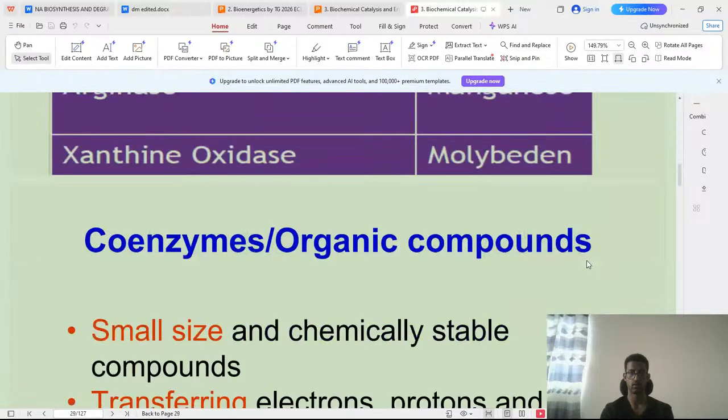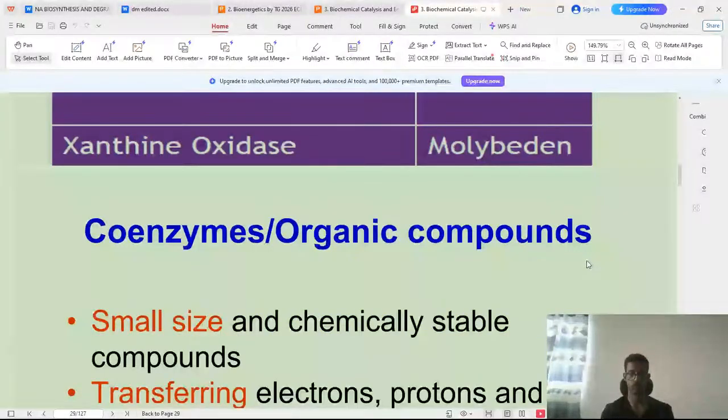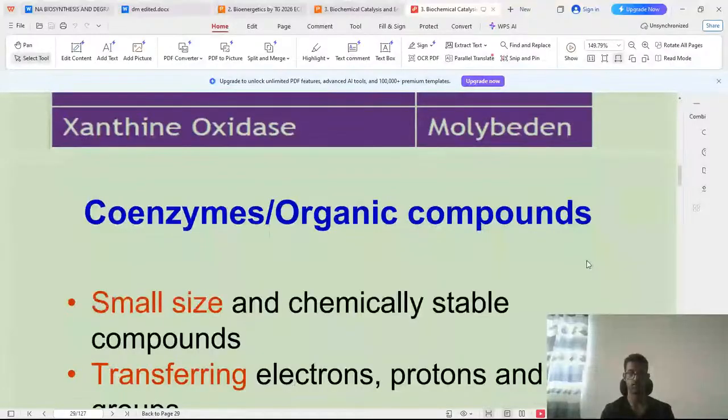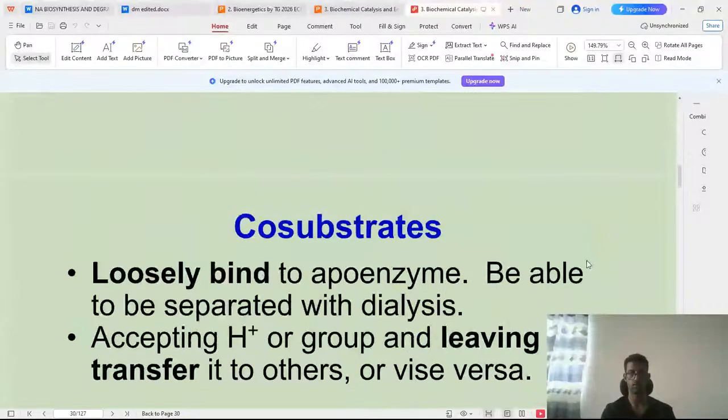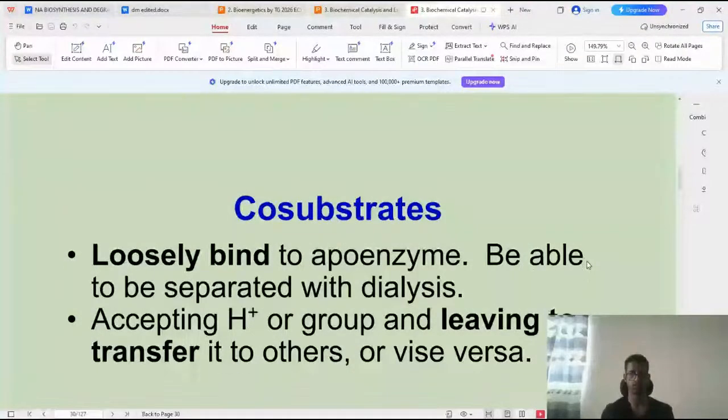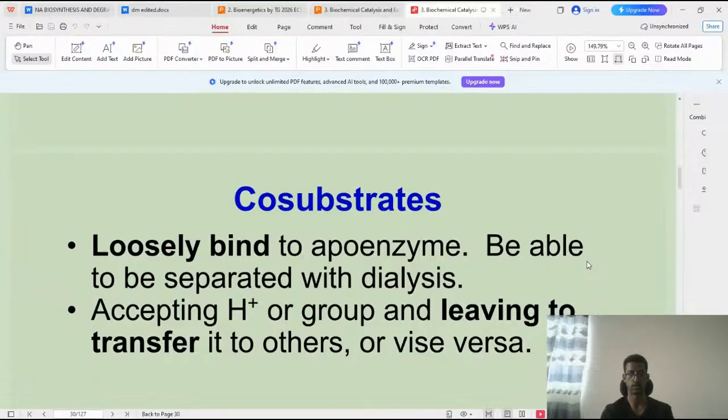Now coenzymes: small, chemically stable organic compounds transferring electrons, protein groups and other metabolic molecules. Co-substrates can be separated from enzymes by dialysis, accepting H or a group and then transferring it to others and vice versa.